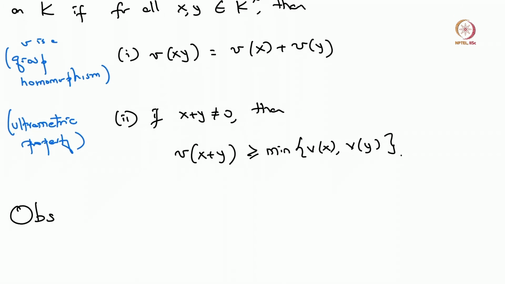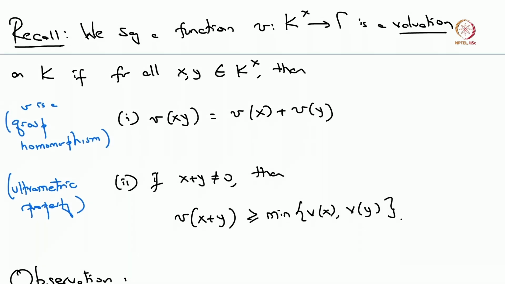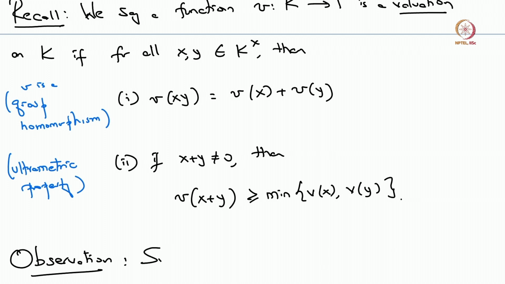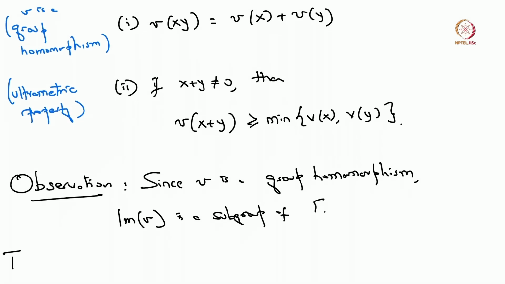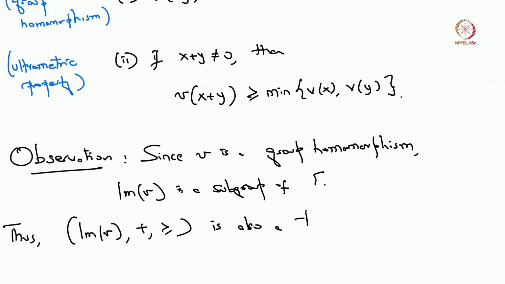An observation is that since v is a group homomorphism, the image of v is a subgroup of gamma, and so by our earlier remark, this subgroup is also a totally ordered abelian group.